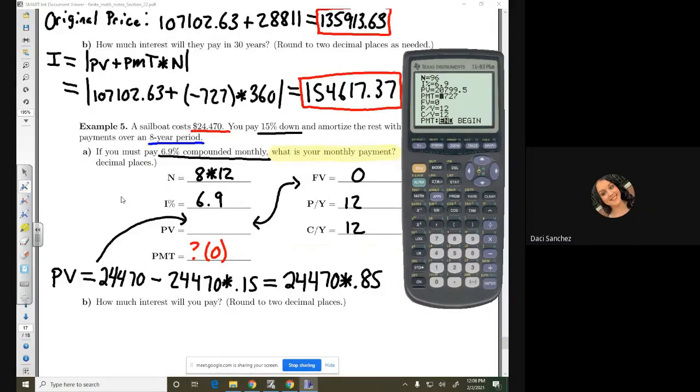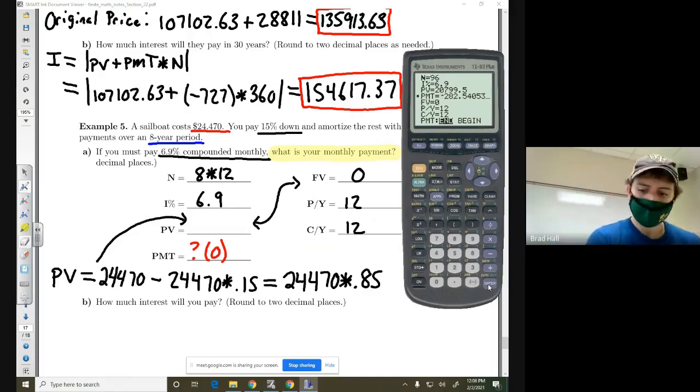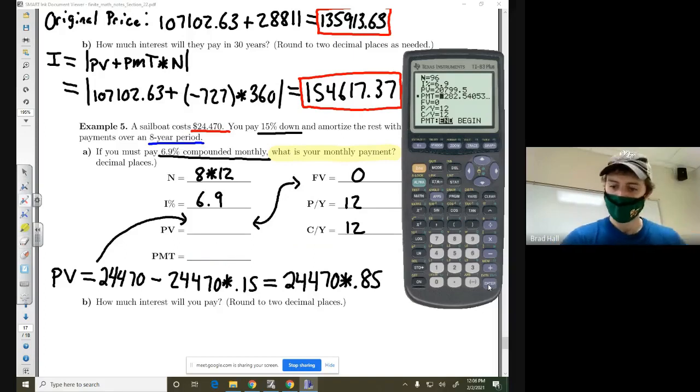Oh, okay. So let's go ahead and figure out. We figured out PV. PMT, put a placeholder 0. FV is 0, and then those two are 12s. So PMT comes out to be negative 282.54.